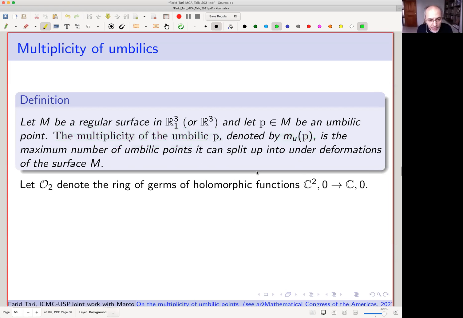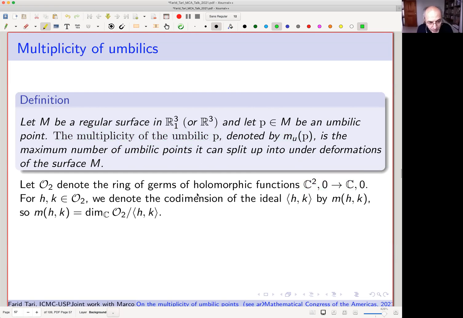Now, a little bit of algebra. Denote by O2 the ring of germs of holomorphic functions from C2 to C, and if I take H and K two such germs, we denote the codimension of the ideal generated by the functions H, K by m of H, K.